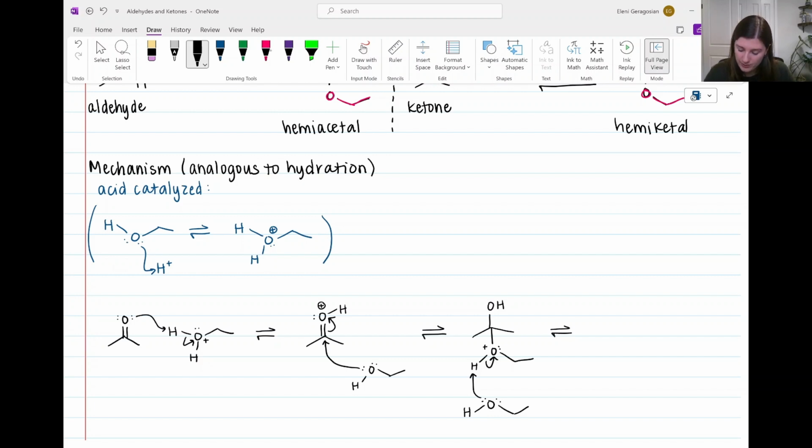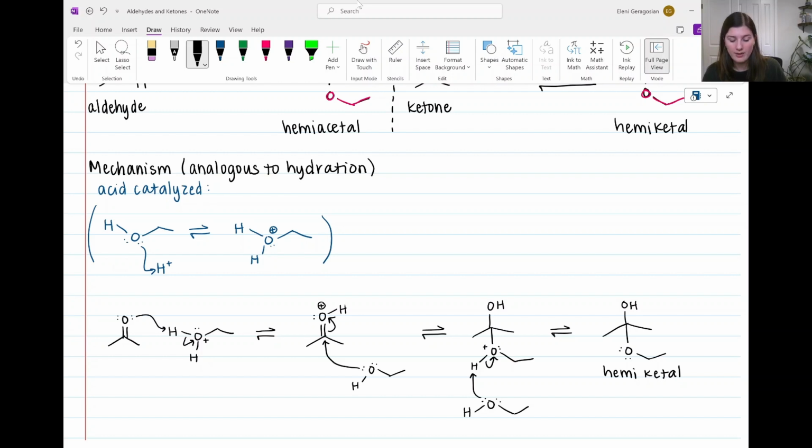Simple proton transfer reaction. And now we've got our hemiketal product. And that's our mechanism there.